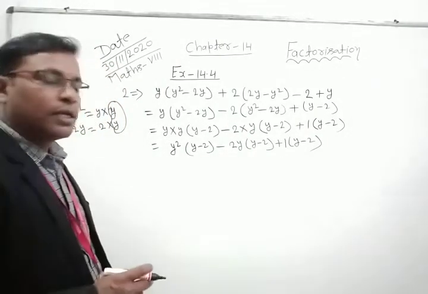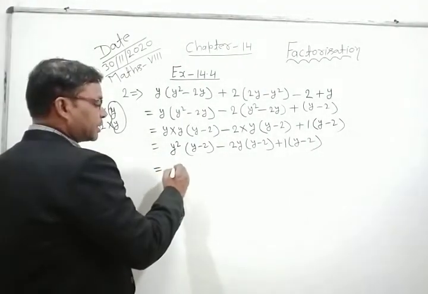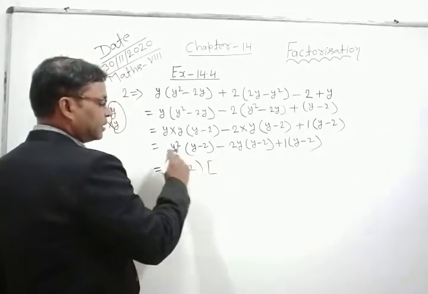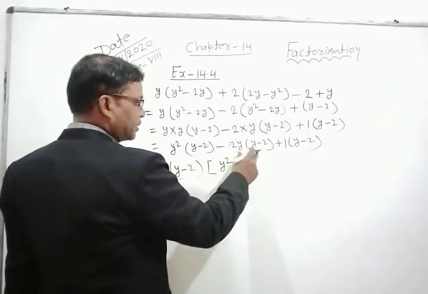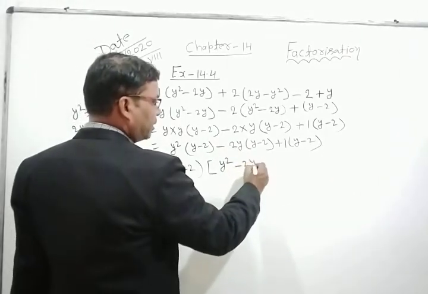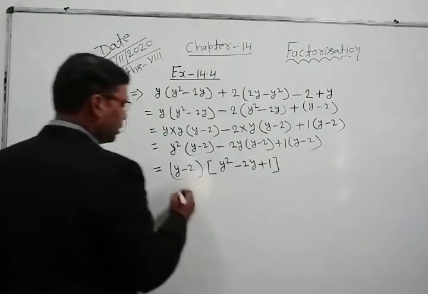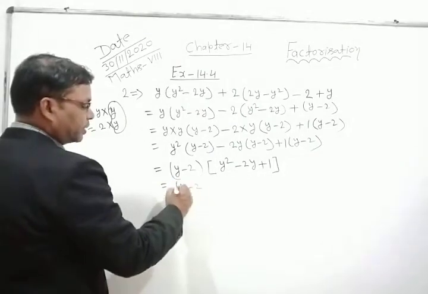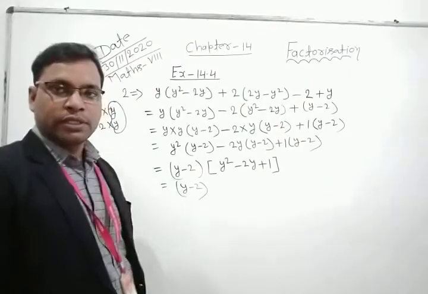So we take y minus 2 as common. Then after taking common y minus 2, we have here y square, in the second group we have minus 2y, and in the third group we have plus 1. So we write y minus 2 as it is, times y square minus 2y plus 1.